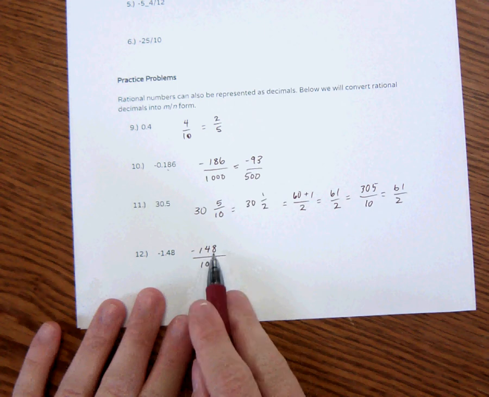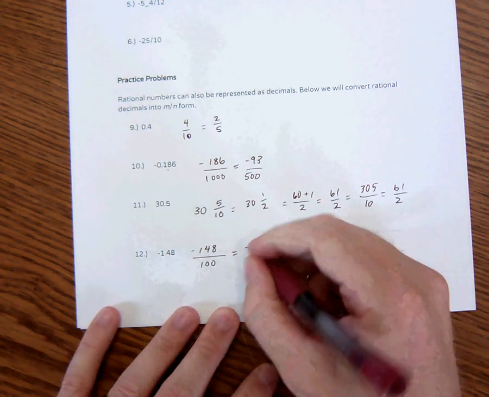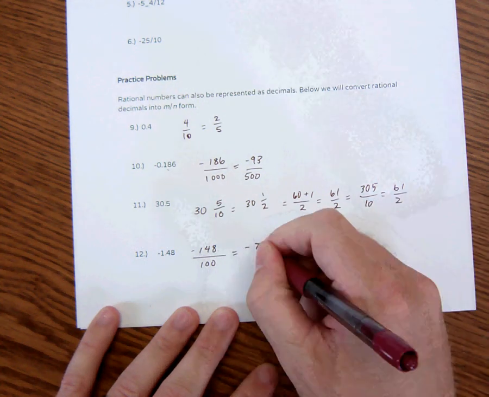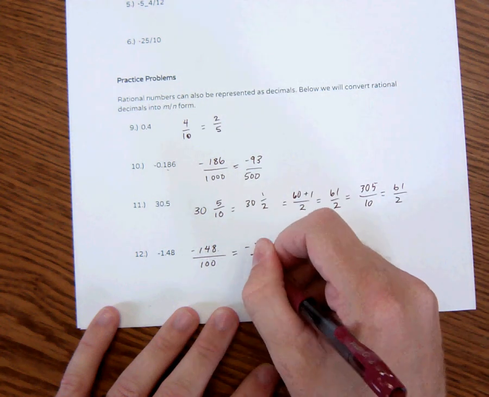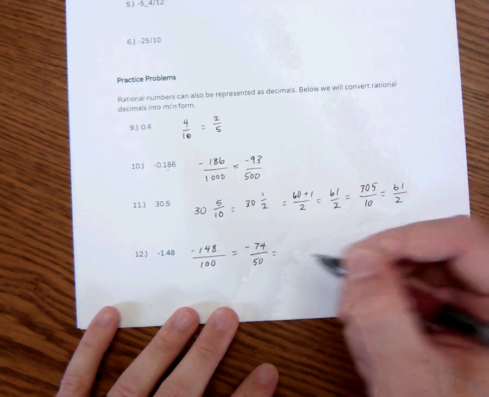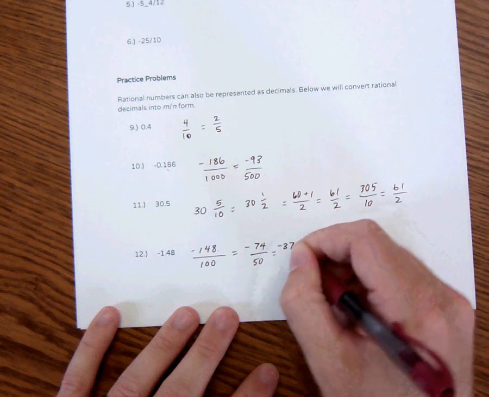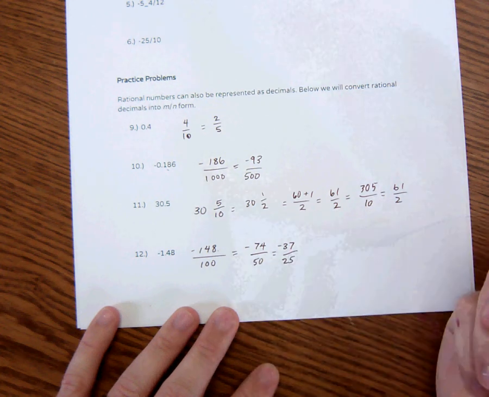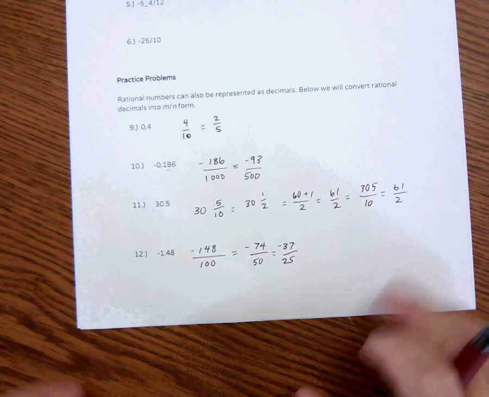On this one, I know that at least 2 goes into it. So 2 goes into 148 74 times, and 2 goes into 100 50 times. These are both still even, so I can simplify some more. 74 divided by 2 is 37, and 50 divided by 2 is 25. And now we're finished. So we've converted fractions into rational number fractions, and we've converted decimals into fractions.